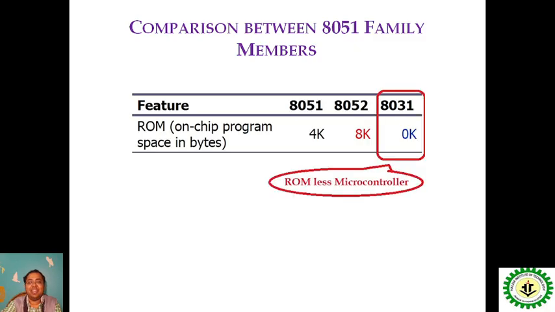That's why the 8031 is also known as a ROM-less microcontroller. If we use the 8031, first and foremost we need to interface external ROM. Only then can we use it, because it's a ROM-less microcontroller.